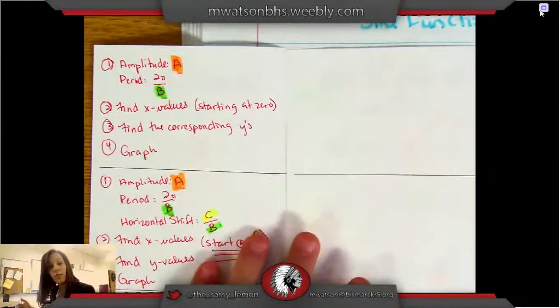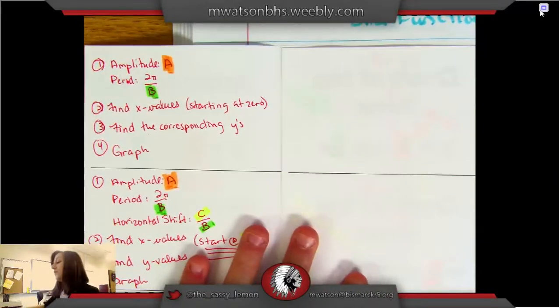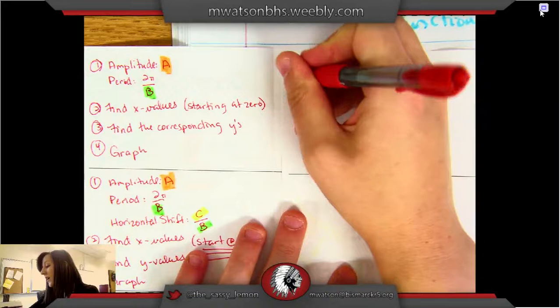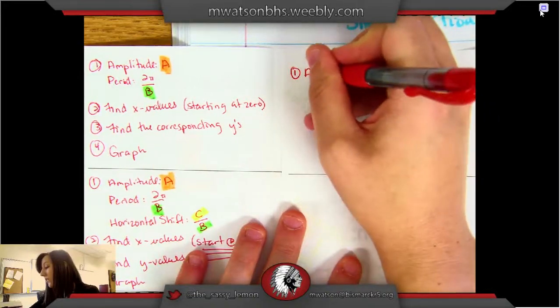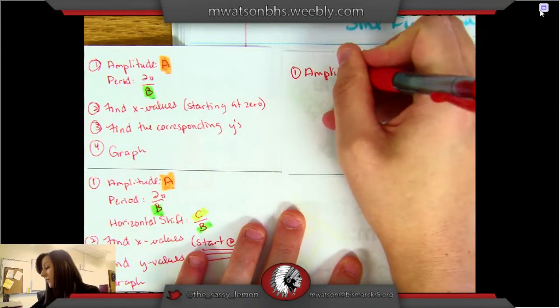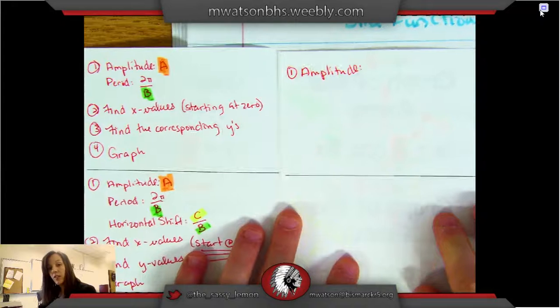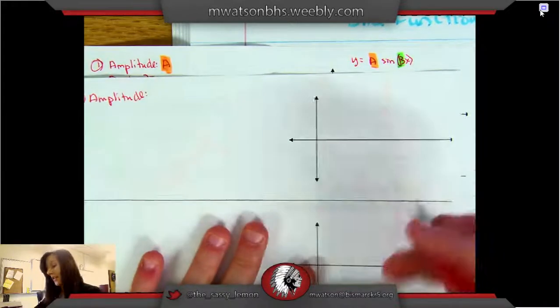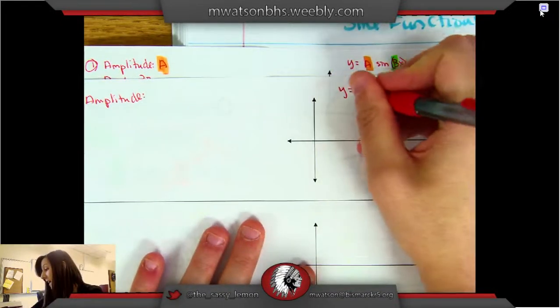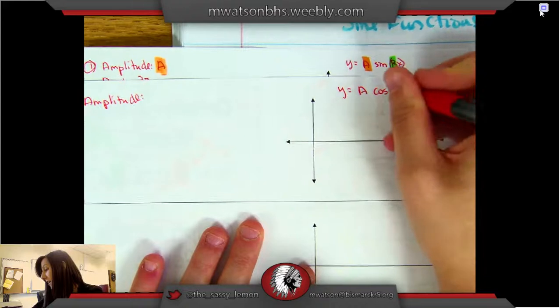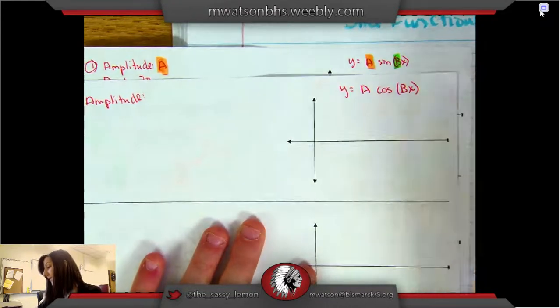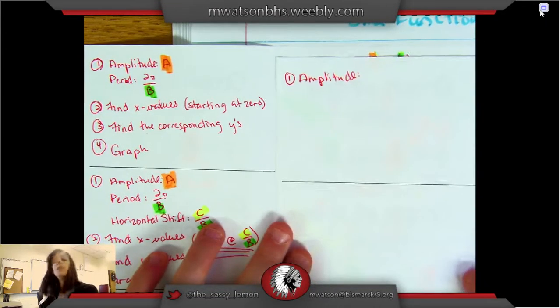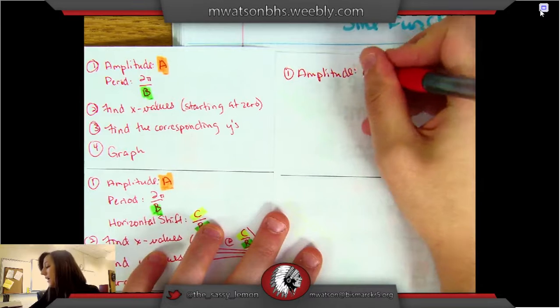So inside your foldable, again, the same steps. You're going to, 1, identify your amplitude. So if I give you a general equation, like y equals a cosine of bx, then your amplitude is going to be a.